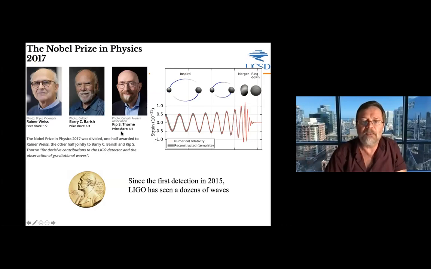This guy who's the Nobel laureate here, Kip Thorne, what he's done in the last decade is not LIGO. He was one of the original LIGO idea inventors. He's a theoretical physicist, but in the last decade or so, he's actually done Interstellar. If you look into the credits of the movie, you will find that Kip Thorne is credited as, I forget what they called him, the technical advisor or something.